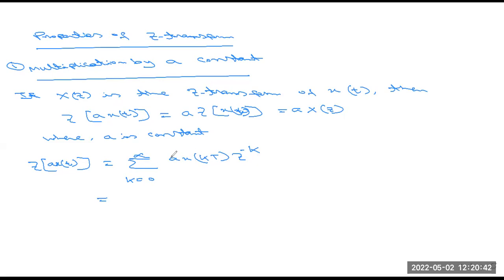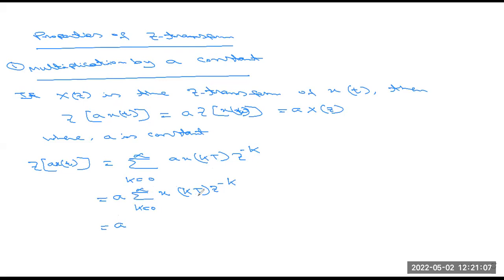A is the constant term, so it can be written outside: A times the summation of k equal to 0 to infinity of x of kT into z to the power minus k.